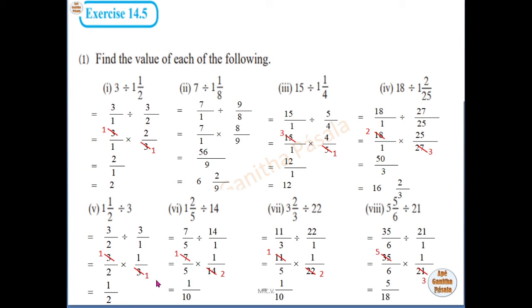Now interchange and get the reciprocal, 1 over 3. 3 and 3 divisible. So 3 divided by 3, 1. Now multiply. 1 into 1, 1. 2 into 1, 2. 1 over 2.